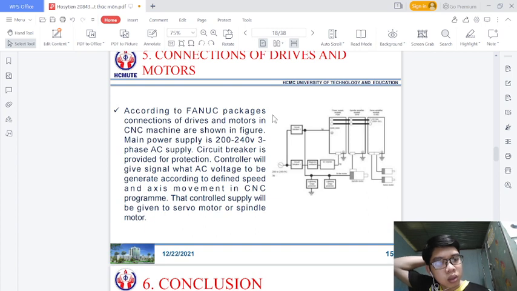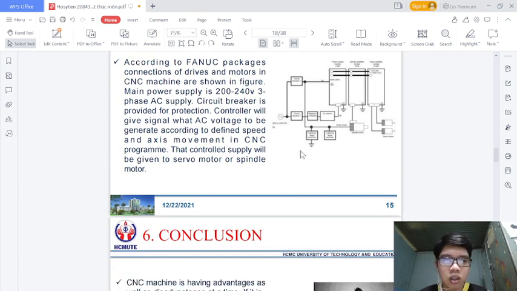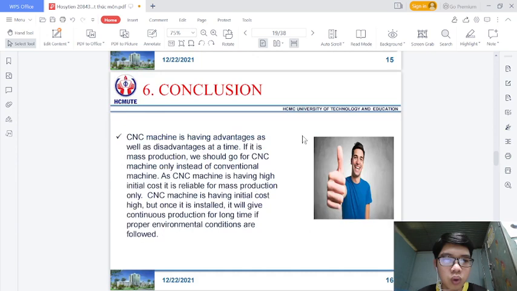A circuit breaker is provided. The controller will give a single phase AC voltage according to the defined speed and axis movement in the CNC program, and the controller supply is given to the servo motor or spindle motor.